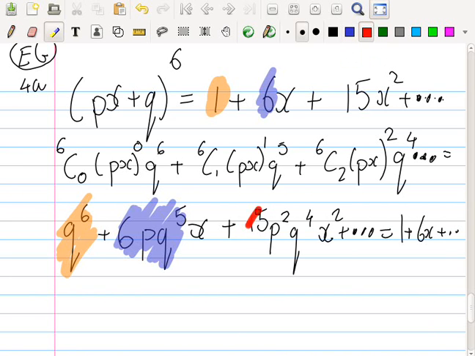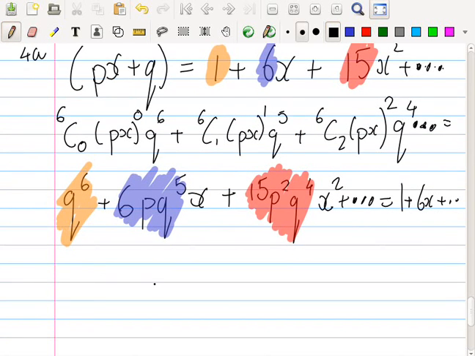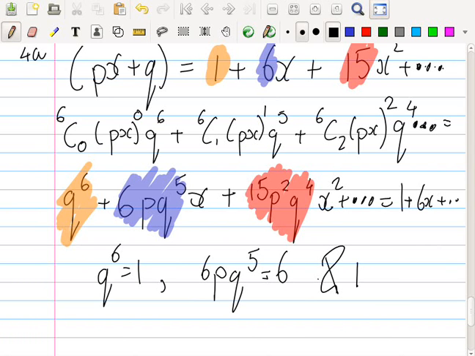The third term is 15p squared q^4, and on the right the third coefficient is 15. So you must have q^6 equals 1. You also must have 6pq^5 equals 6. I don't need to write the x's in. And 15p squared q^4 must equal 15.